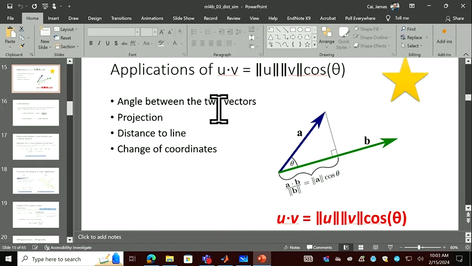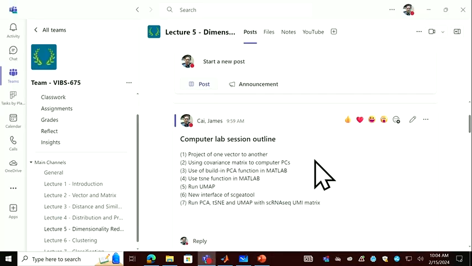One of these is to compute the projection from one vector to another, and how long this projection, or that shadow, lives on the other vector, because we are using this property to understand the change of coordinates. Okay, so we will revisit this, just make sure you 100% understand why we are doing this.